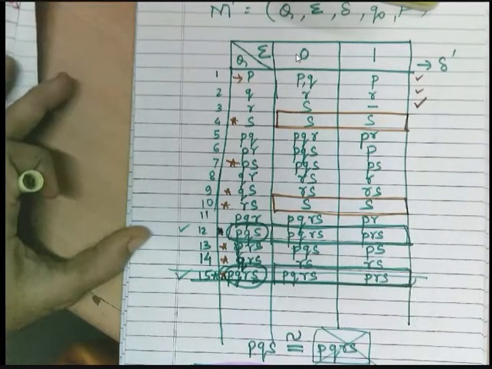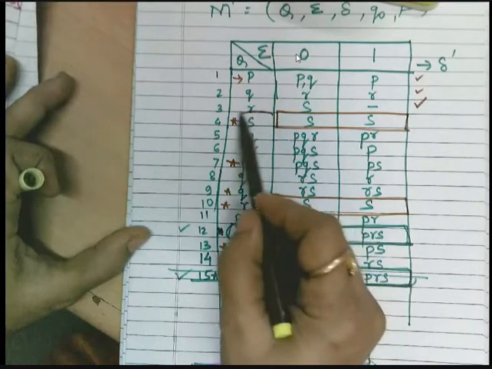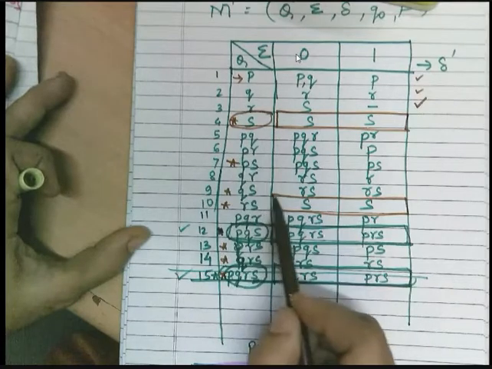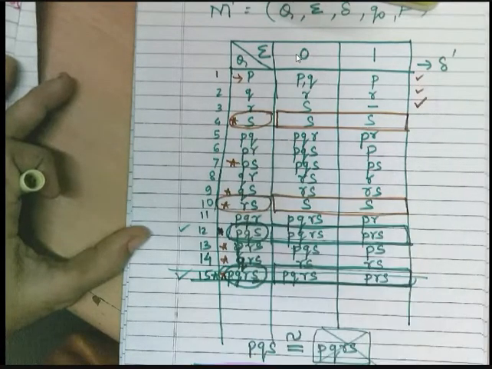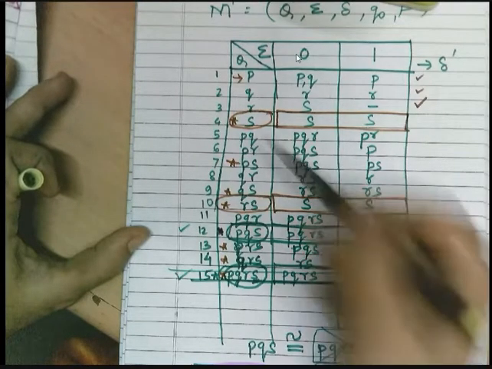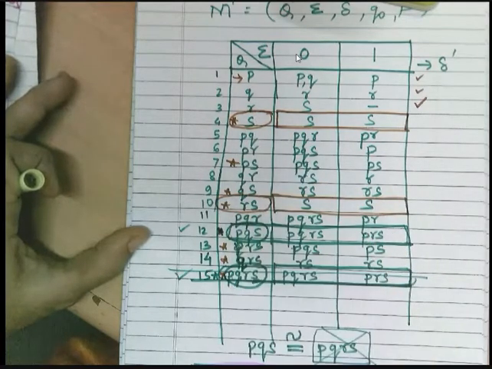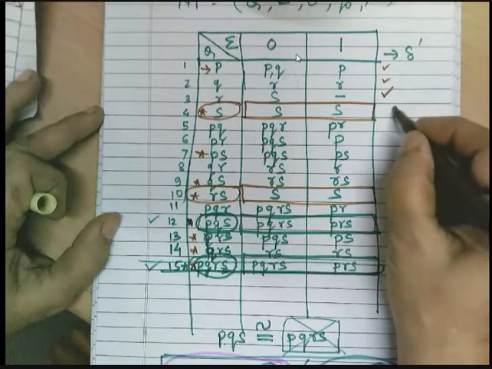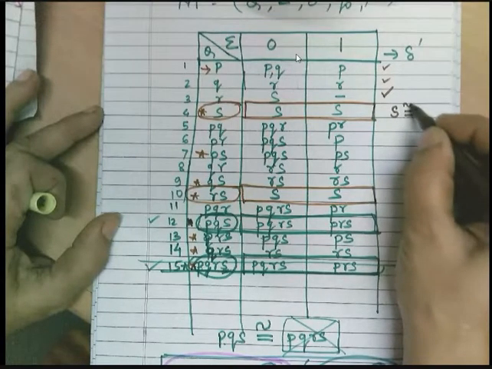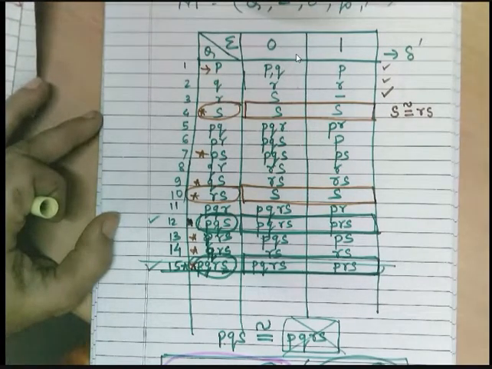But as I have told you, we have to check this side also. Now, if both are of the same type, meaning both final or both non-final, since both are final states, see S star star, we can say that S is equivalent to RS. Understood?